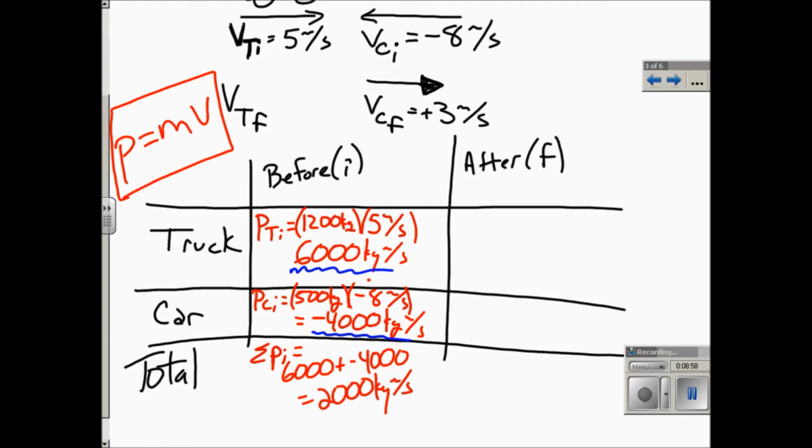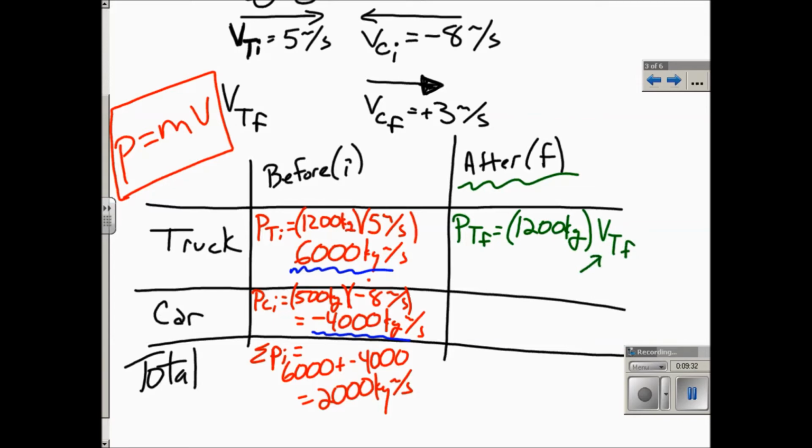Okay? So let's see if we can figure this out. Now, let's take a look at what's going on after the collision. All right? After the collision, we're missing some information. If I wanted to find the momentum of the truck after the collision, I'm going to get stuck because I don't know the velocity. So what I'm going to do is I'm just going to leave that as a variable. Okay? So I'm going to take the 1,200 kilograms, that's the mass of the truck, and multiply it by the velocity of the truck final, because that's what I'm looking for, right?